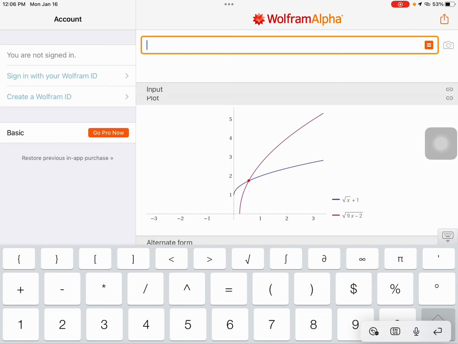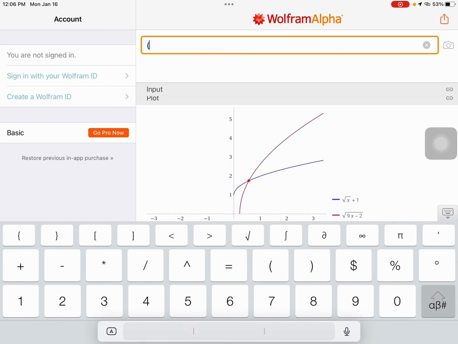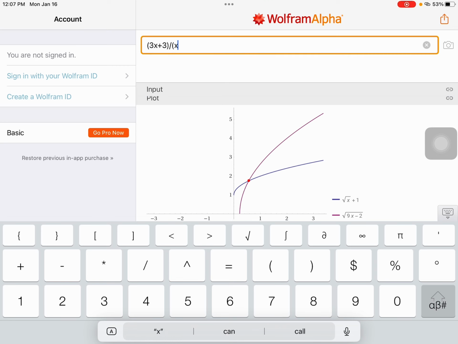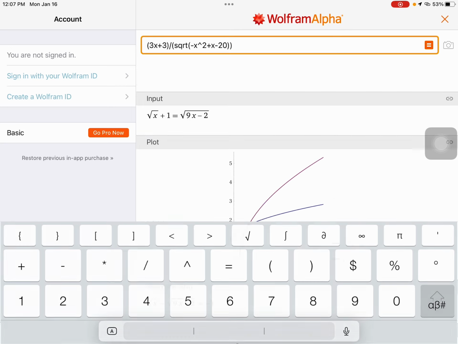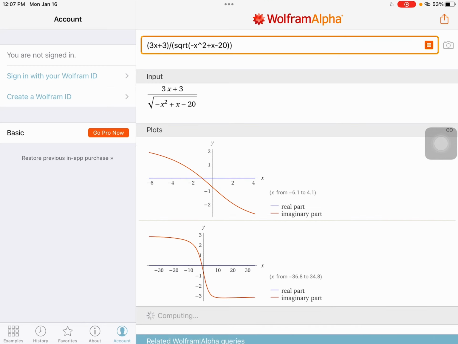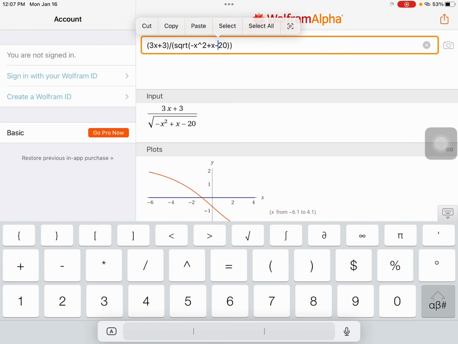So we've got 3x plus 3 divided by the square root of negative x squared, or sorry, that should be minus x, plus 20.